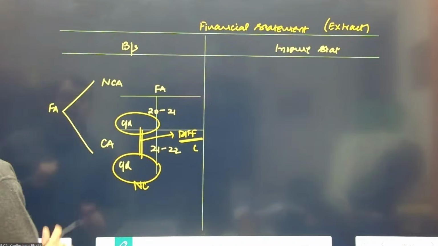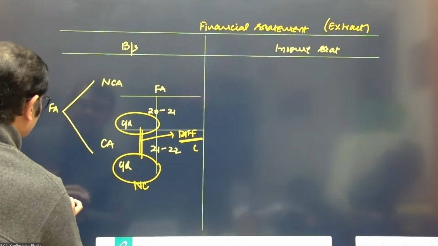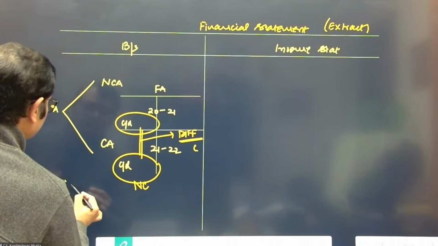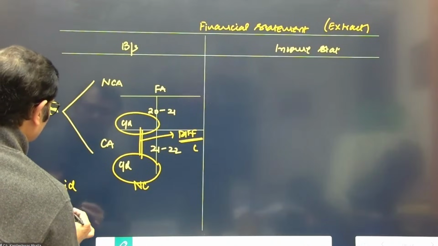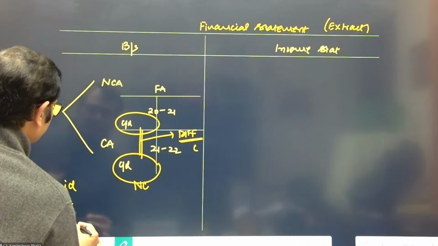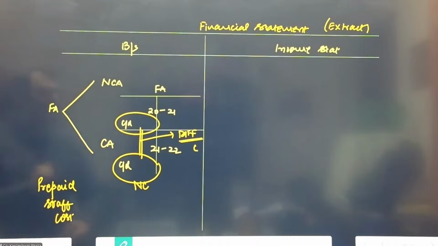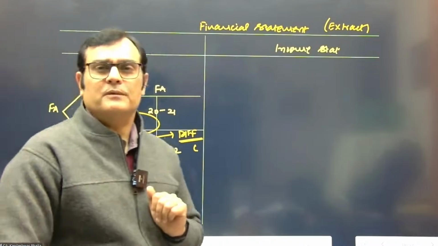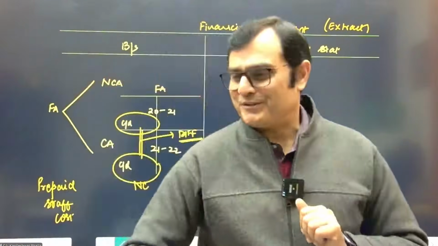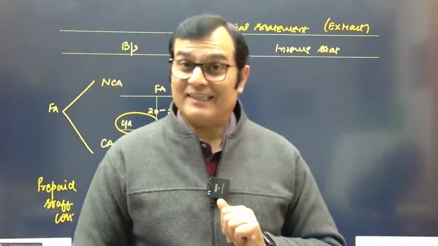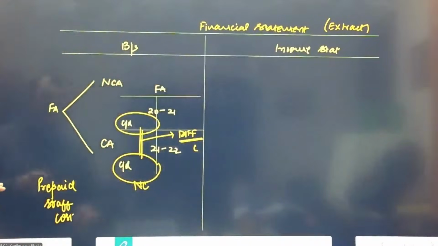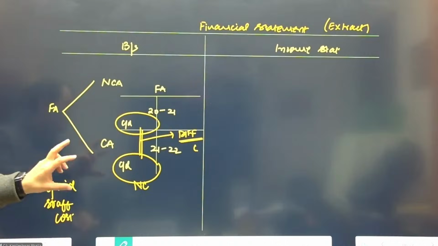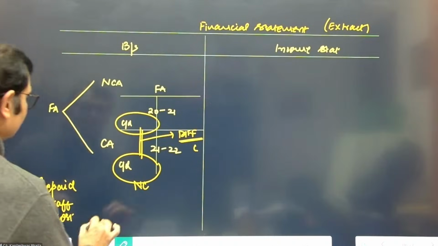Then similarly, when you look at the prepaid staff cost, so would you like to tell me that in this particular case, is it current, non-current, or that's again going to be split in terms of two portions? I think now you know this. So is this going to be current, non-current, or blended? Blended.